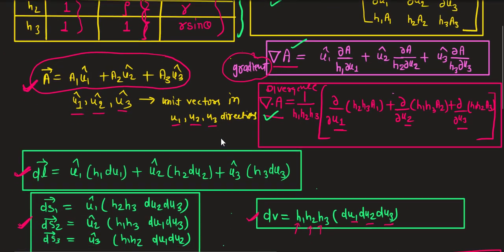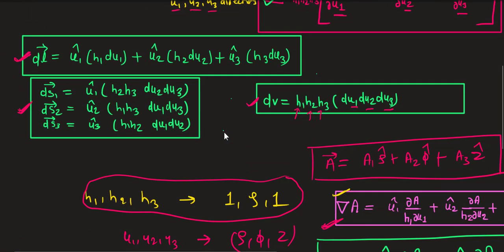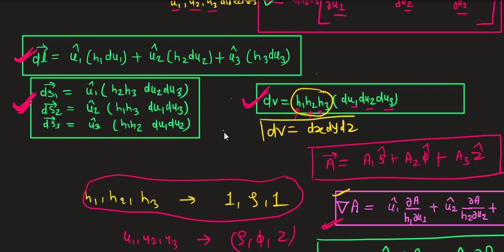Similarly, let's look at the line element, surface element and volume element. This is the line element, this is the surface element and this is the volume element. For example, for the Cartesian coordinate system, h1, h2 and h3 are 1, 1, 1, so dv would simply be dx, dy and dz, and u1, u2, u3 would simply be x, y and z.